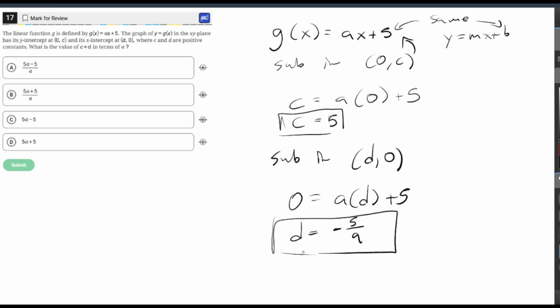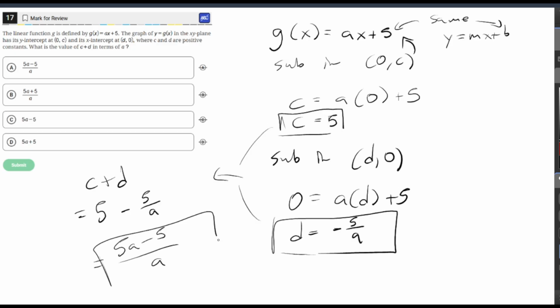And it's saying what is c plus d? Well, c plus d is 5, because we have that c is 5, and d is going to be -5 over a. And we would need a common denominator, so we get 5a minus 5 over a. So the answer is going to be A.